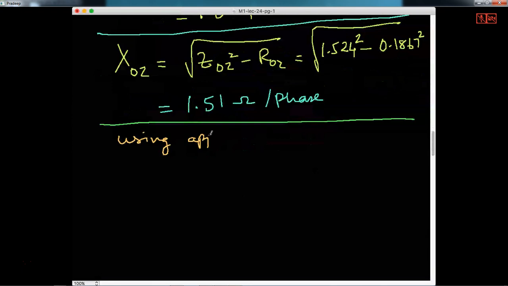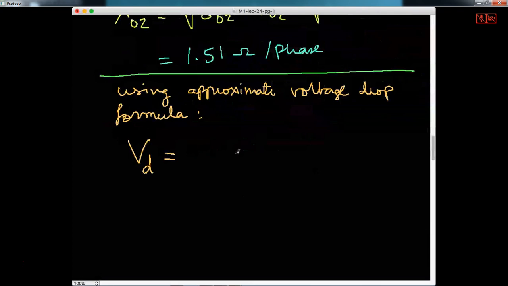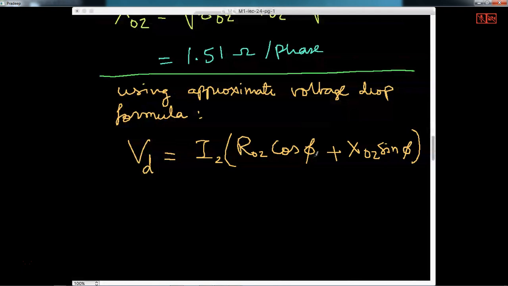So I have voltage drop is equal to I2 into R02 cos phi plus X02 sin phi. Here we use plus because the power factor is given as lagging. Now what is the rated I2 current? 175.